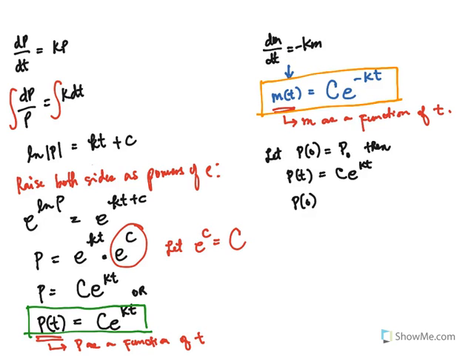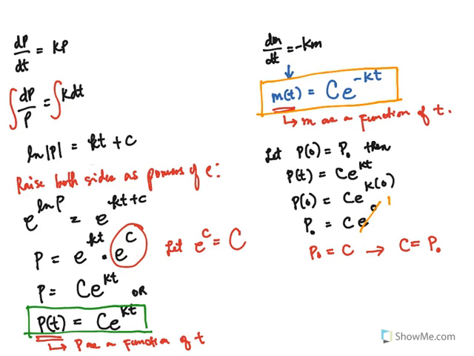So p of 0 is equal to c e to the k times 0, or that's p sub 0, the value of p of 0, is equal to c e, k times 0 is 0. But e to the 0 is just 1, so it follows that p sub 0 is equal to c, or c is equal to p sub 0, or the initial population.